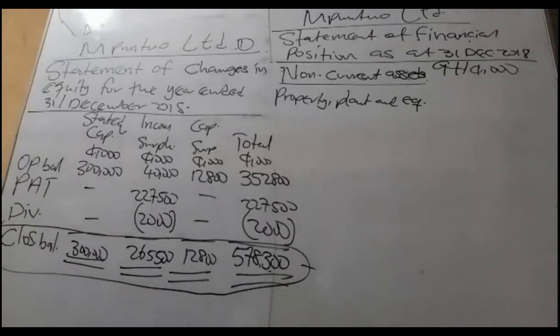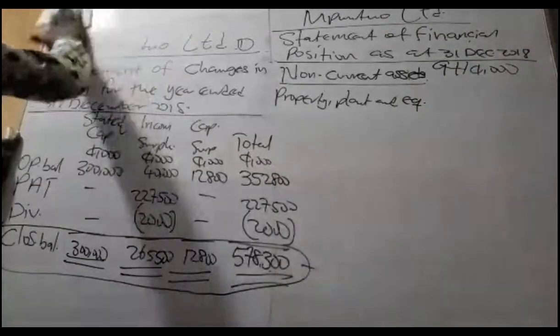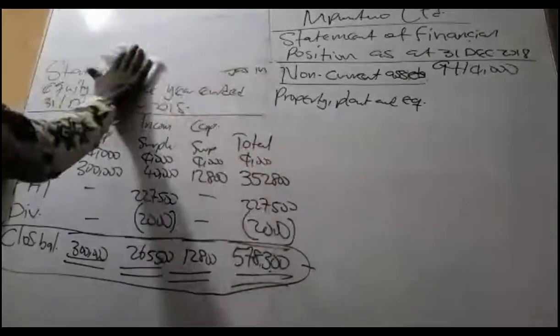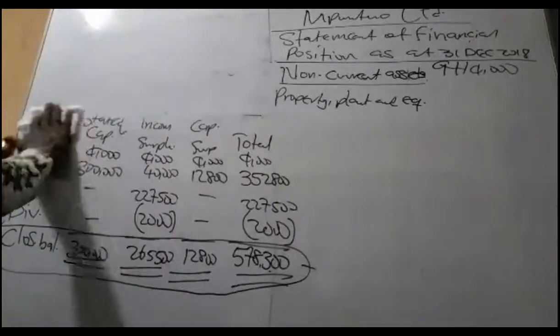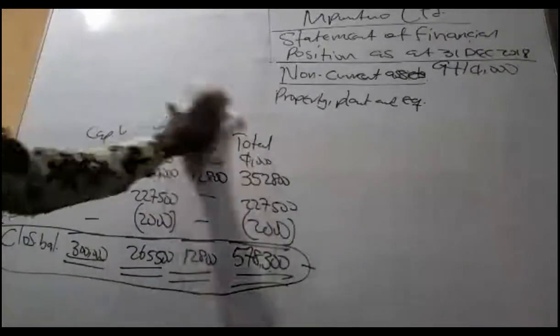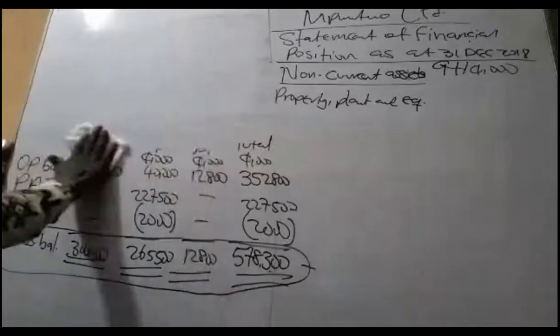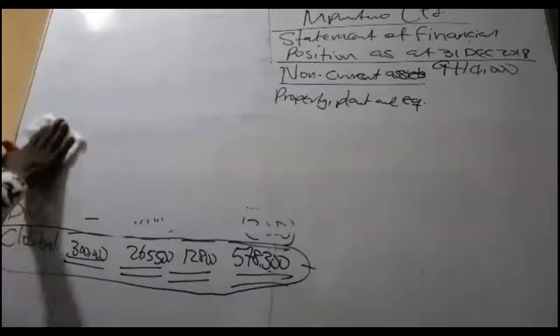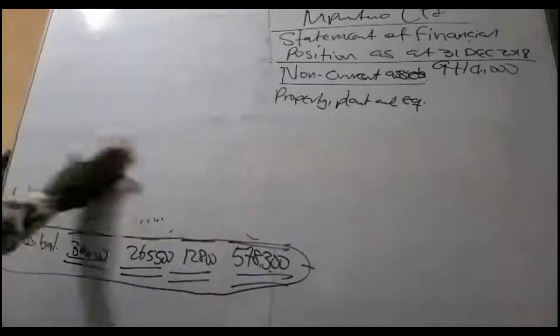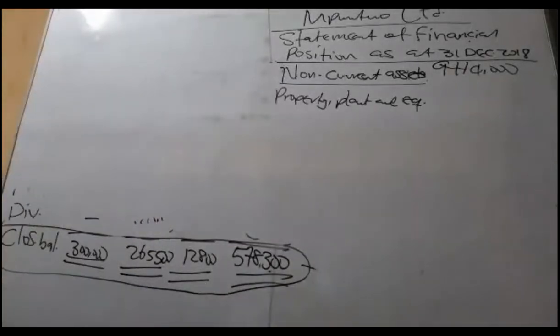So the working will be here. The last working number was 2, right?